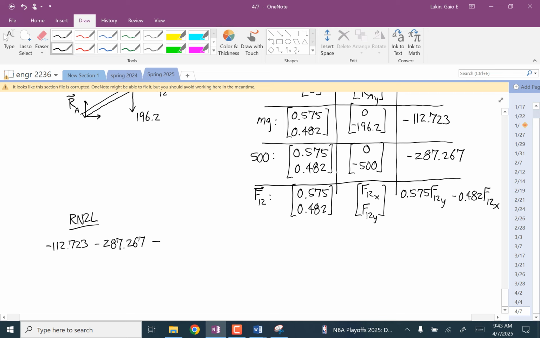I'll rearrange these two. Minus 0.482 F12X plus 0.575 F12Y is equal to 15 times alpha 1.